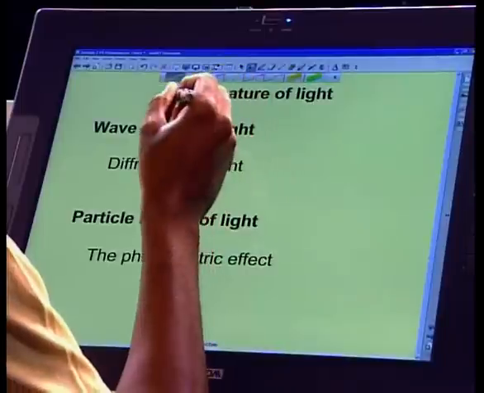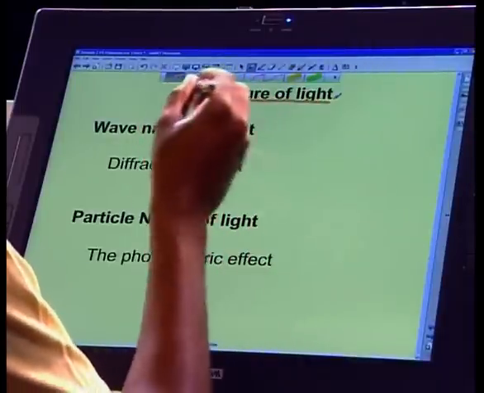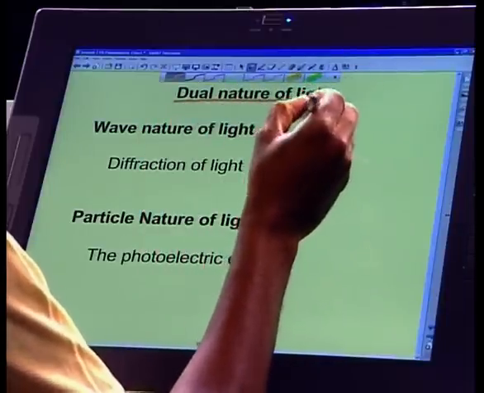Now let's quickly have a look at the dual nature of light. The dual nature of light, like I said, tells us that we can explain light in two ways.